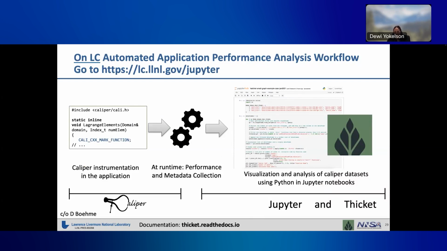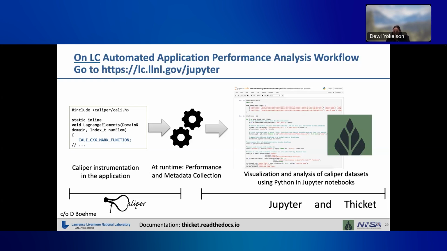And LC has support for a Jupyter server, which basically has access to all of your same data that you generate here. And so wherever those Cali files are, you can actually load them, start up a Jupyter notebook, load them into your notebook and create a thicket and do your visualization and analysis. So part of this is sort of automated for you and that you can access this data.